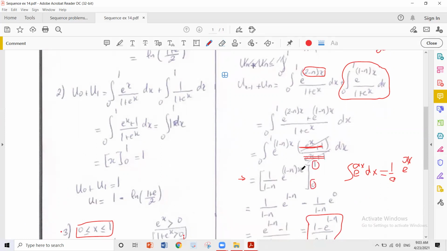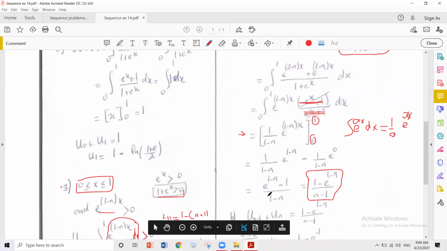First time I replace x by 1, it becomes 1 over 1 minus n e to the power 1 minus n. Second time I replace x by 0, e to the 0 is 1, with the same denominator 1 minus n. I can leave it like this, but he wants it in this form: I multiply the numerator and the denominator by minus, and we get the result.